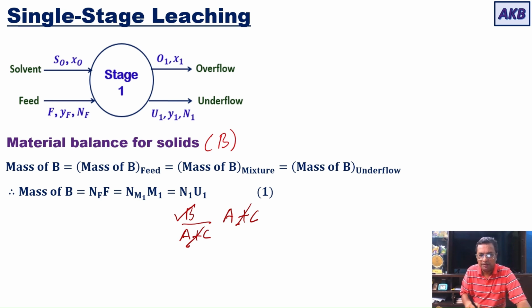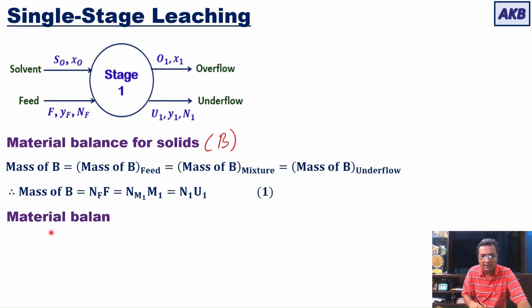That's why you get equation number 1. Equation number 1 gives you the balance for solids B. So mass of B is equal to NF into F, which is equal to NM1 into M1, which is equal to N1 into U1, and I am calling it equation number 1. Then let us write the material balance for solute C.